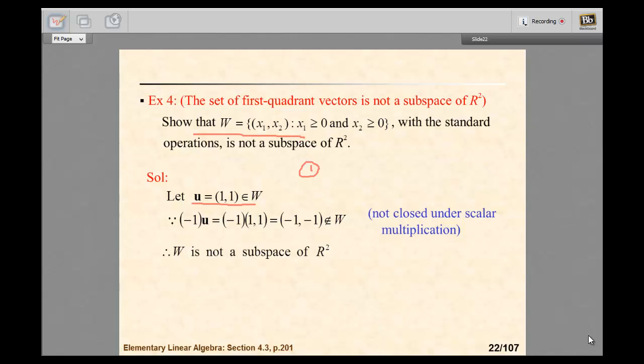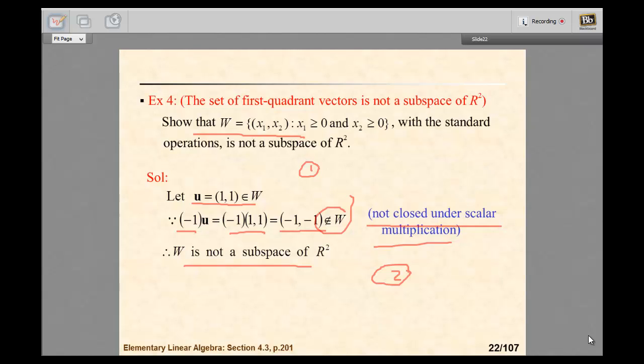So we take u is equal to (1, 1), which belongs to W. If we multiply minus 1 with u, we get (minus 1 times 1, minus 1 times 1), that is (minus 1, minus 1), which does not belong to W. So it is not closed under scalar multiplication. The second property does not hold here, so we say that it is not a subspace.